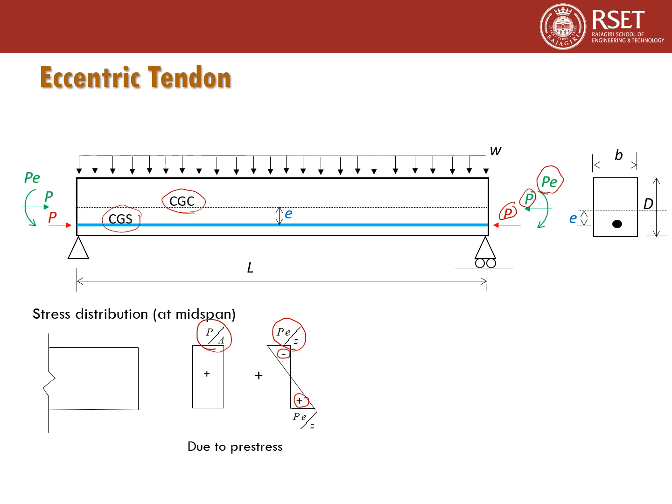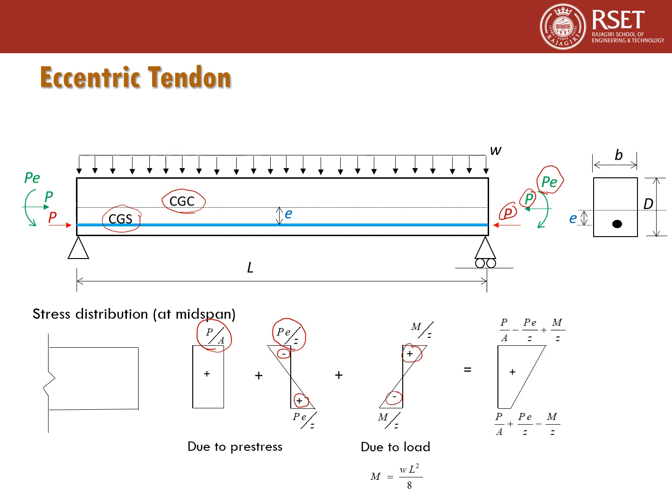Now due to the uniformly distributed load, there will be additional stress. At the midspan, the maximum moment is WL square by 8. Due to that, the stress is M by Z as we have seen earlier. That will be a sagging moment, so bottom will be tension, minus, and top will be compression.